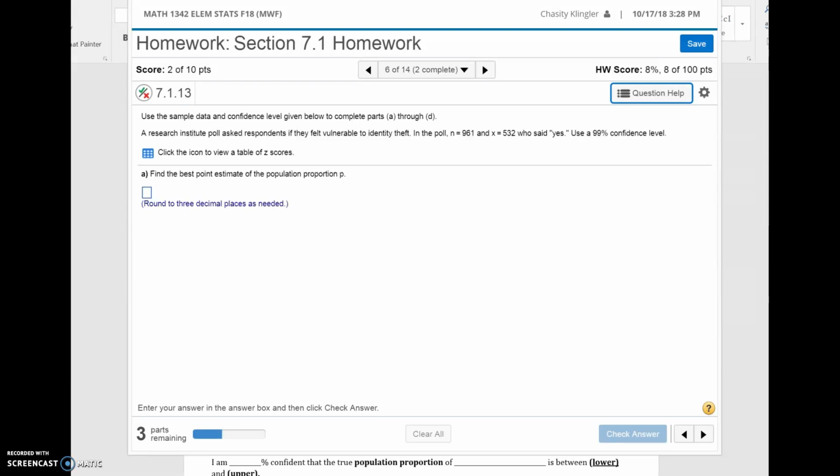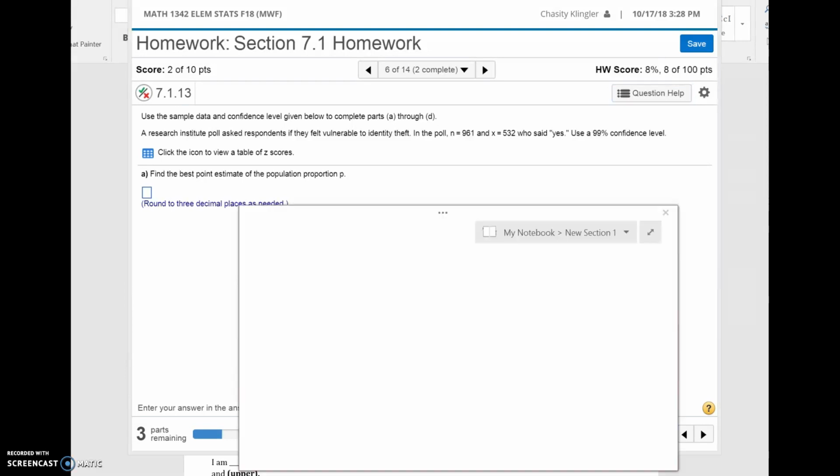And then you can use the table for the z-scores, or we're going to use StatCrunch or our calculator. So find the best point estimate of the population proportion p. Remember, best point estimate is your proportion, which is p hat. p hat is x divided by n.